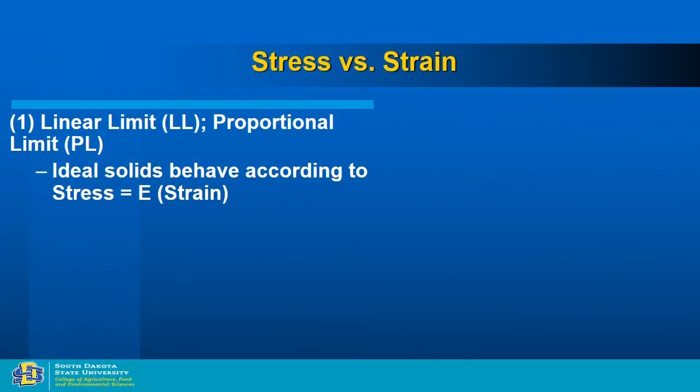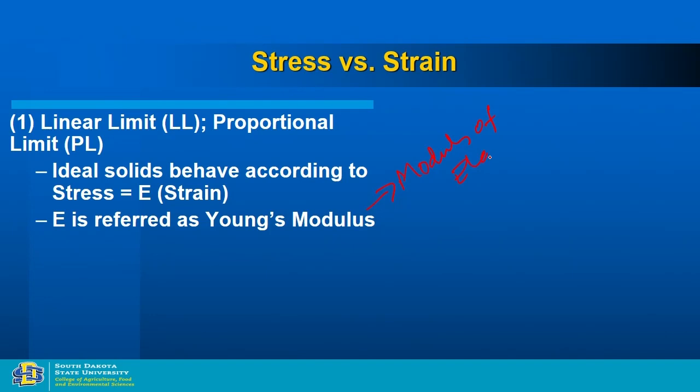Ideal solids behave according to stress equals modulus times strain, but most of the time our biological materials are not ideal solids. So this is different from how ideal solids behave. Here E means modulus. Sometimes people say Young's modulus or modulus of elasticity; you can name it whatever way you want.